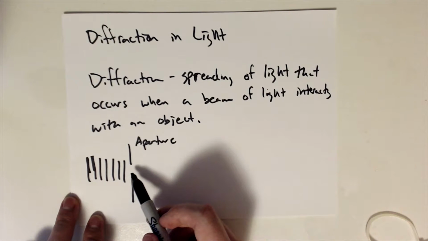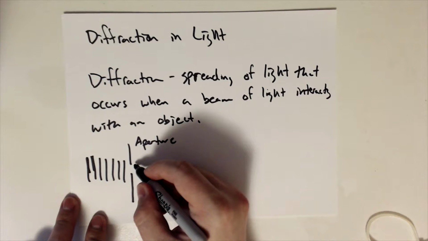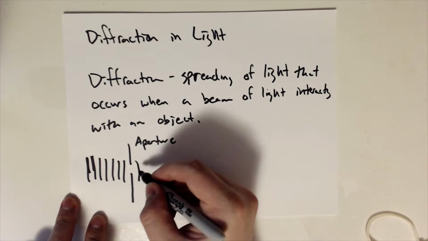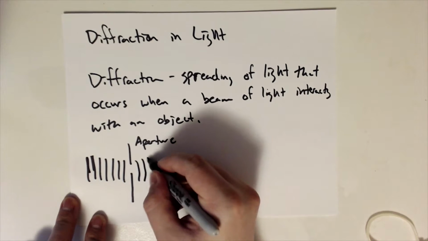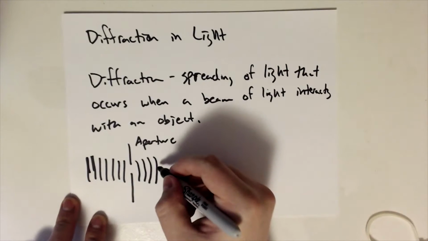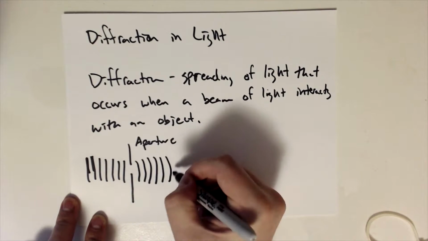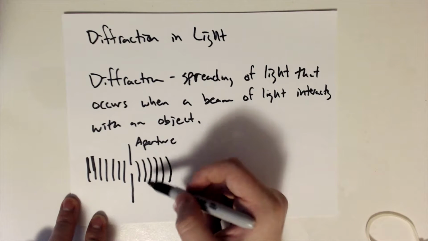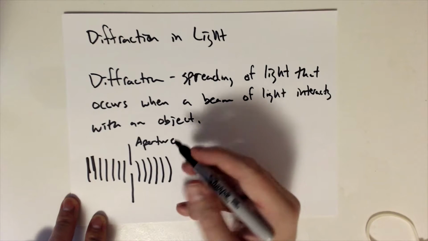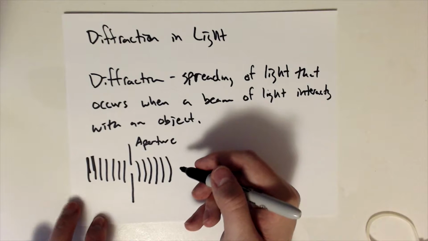If we have a relatively large opening, the light on the other side is spread a very small amount. It's basically the same size as over here.